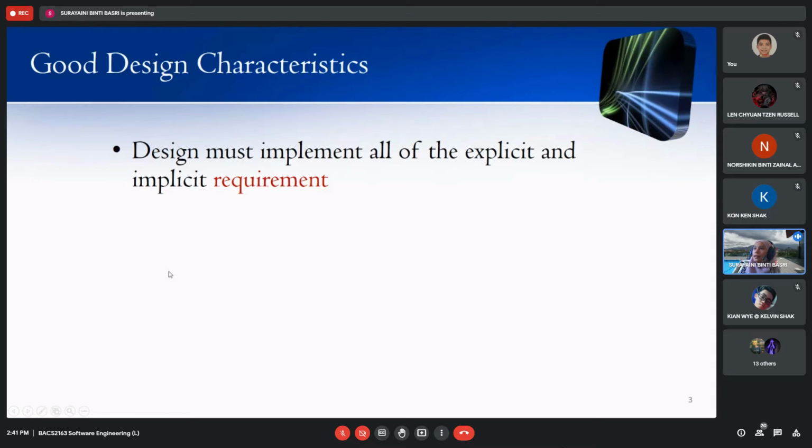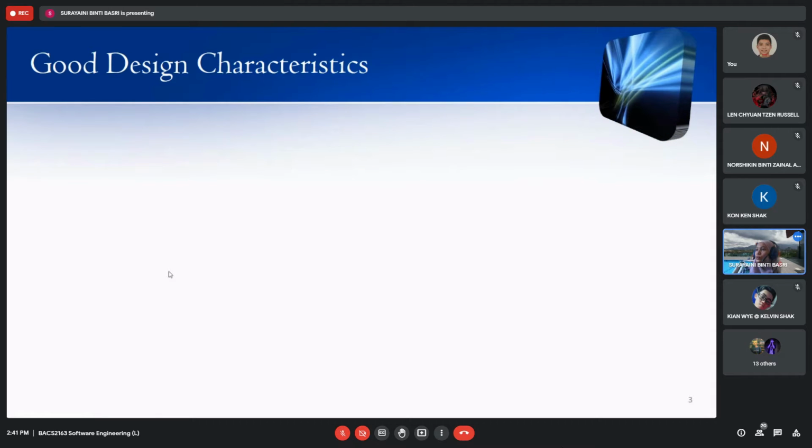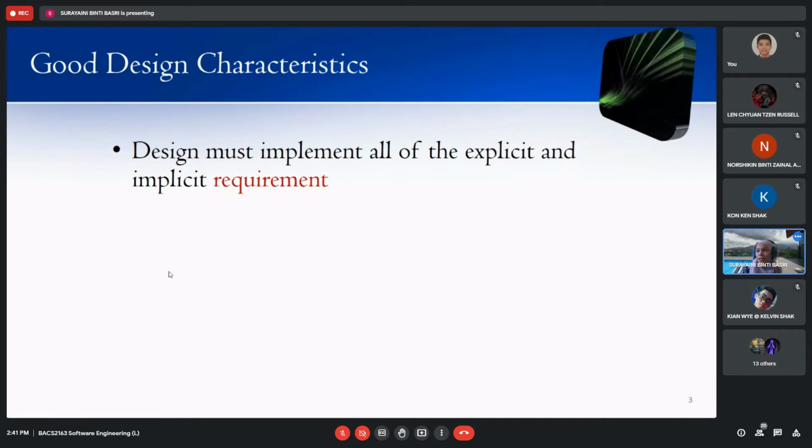Okay, so we proceed to good design characteristic. These are the characteristic of a good design. You all remember the phases that I just showed you just now.